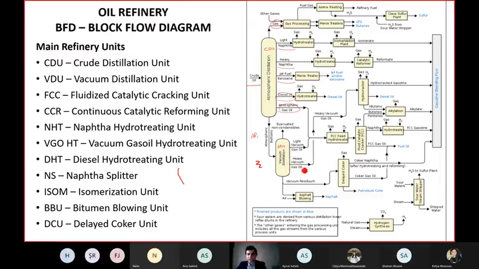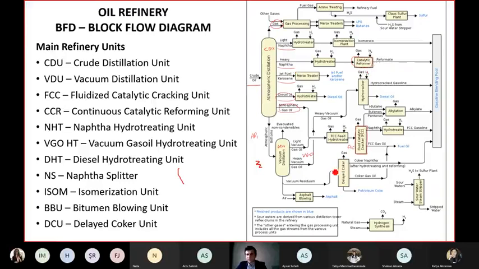From the vacuum distillation unit, we have the VGO, vacuum gas oil, light and heavy. These are sent to the first hydrotreater, and then the FCC unit, catalytic cracking. Today we will talk about the hydrocracker. We will also talk about the catalytic reformer, where the heavy naphtha is converted to reformate.